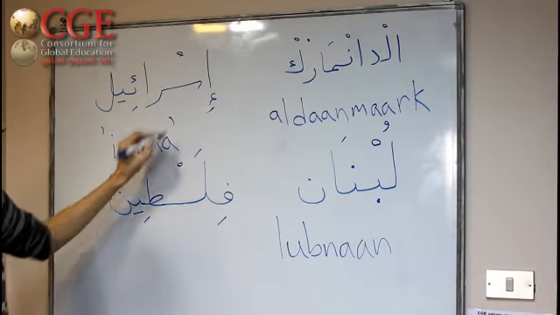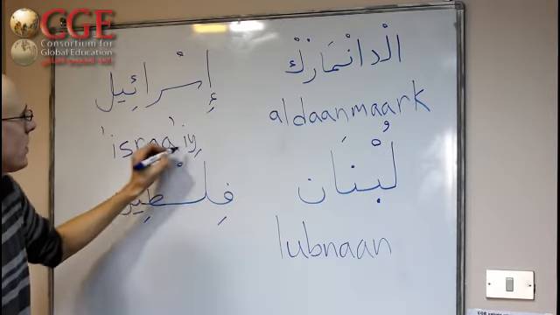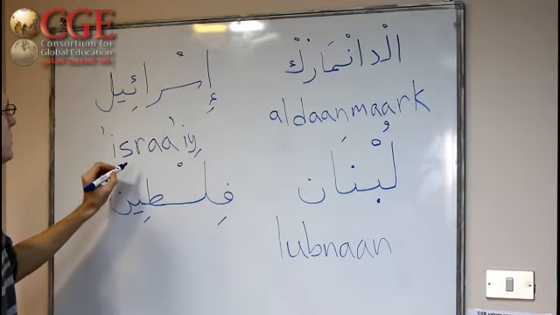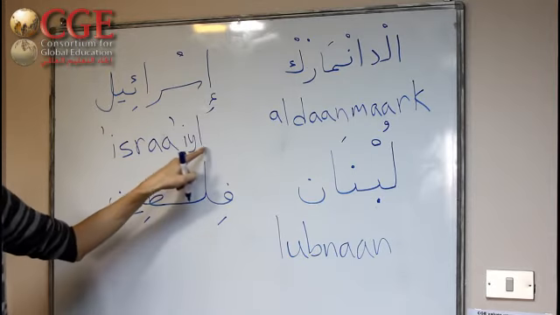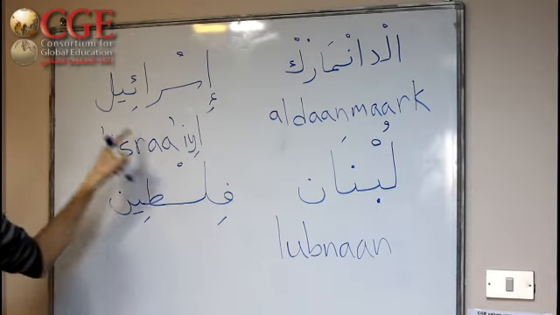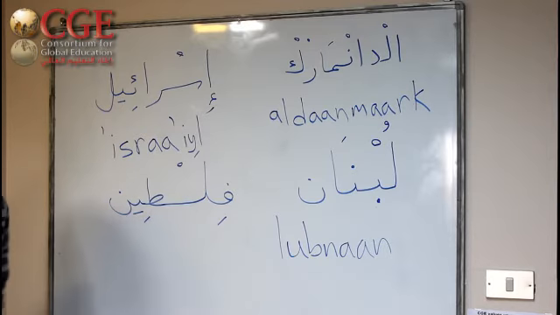So glottal stop, long E vowel, plus an L, L at the end. So Israel. And that's how you say Israel in Arabic.